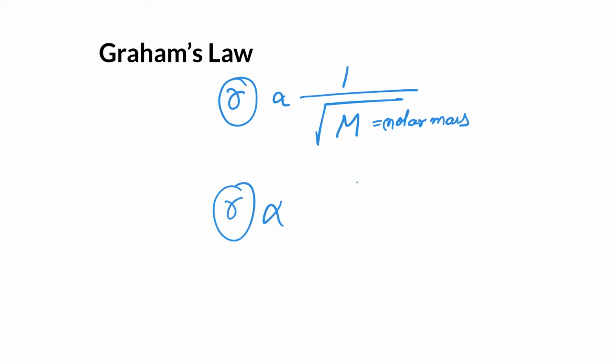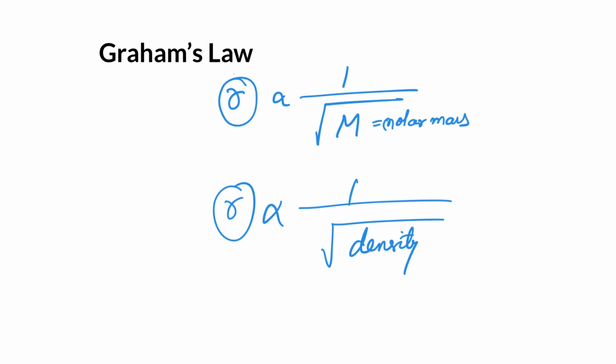He said that the rate is inversely proportional to the square root of M, M being the molar mass. He later on gave the same relation for densities as well. So you can say that the rate of diffusion or effusion of a gas is inversely proportional to the square root of its mass.